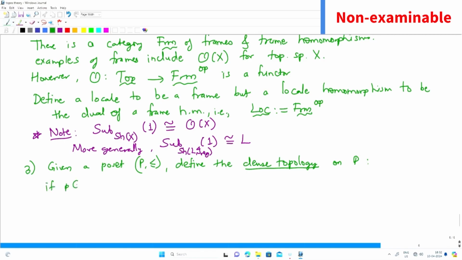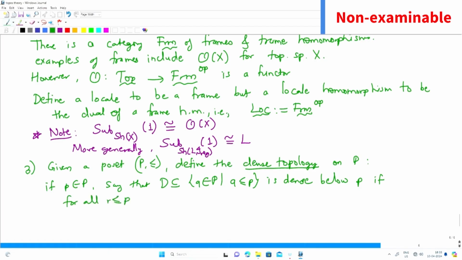If p is in P, say that D, a subset of all the lower bounds of p, is dense below p, this is the definition, if for all r less than or equal to p, there is some q less than or equal to r such that q belongs to D.